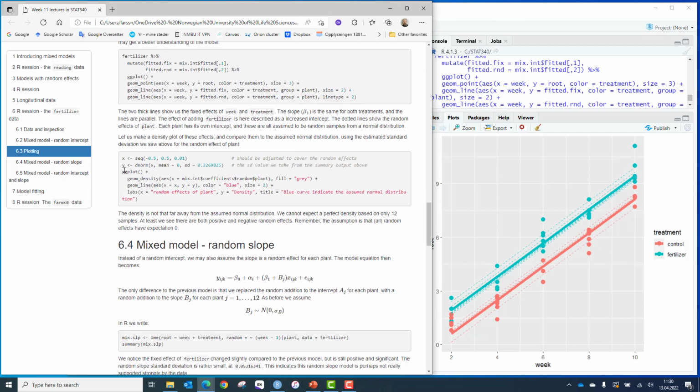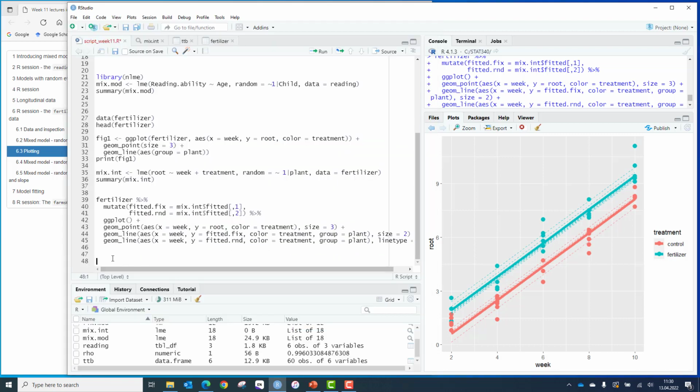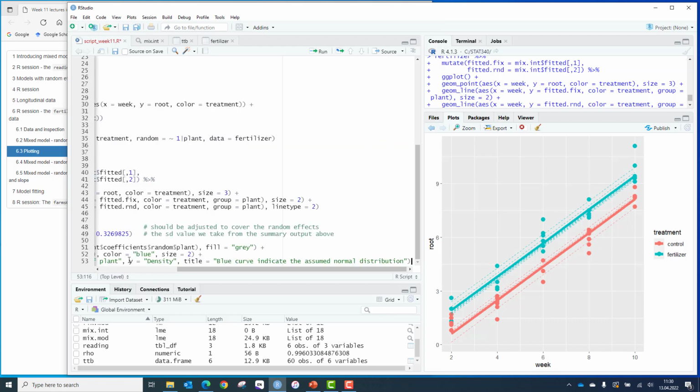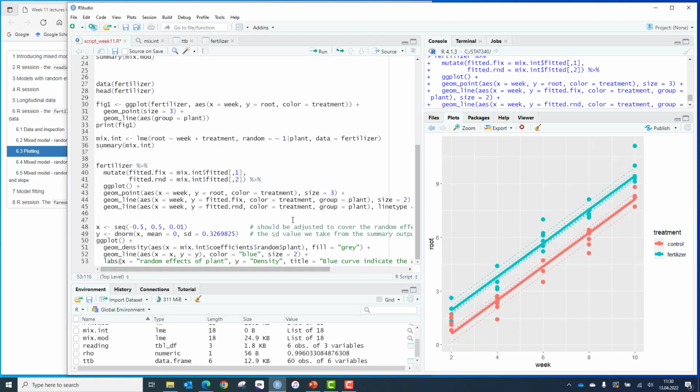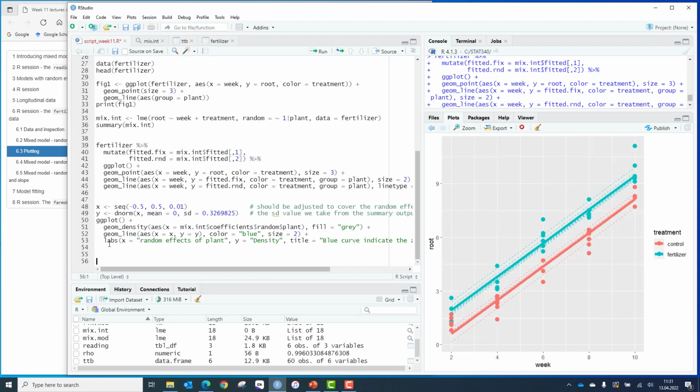Okay, there is another plot I would like to make, and that's of the random effects only. Because when we fitted this model, we assumed that the intercepts have a random element, right?